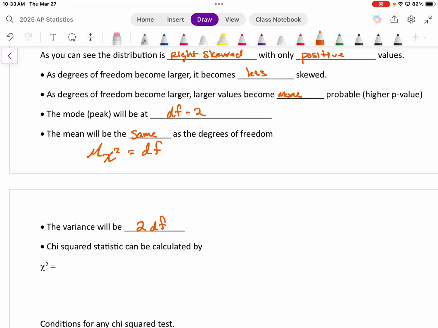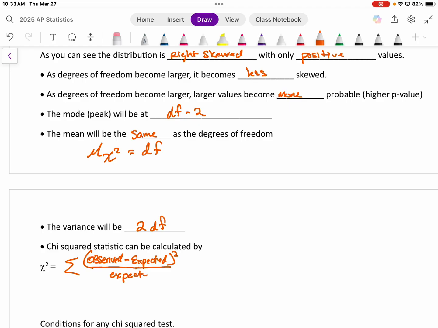It is the sum. So when we look at the summation symbol, it's the sum of a certain fraction. On the top of the fraction, it is the observed value minus the expected value, that quantity squared, and we divide it by the expected value.